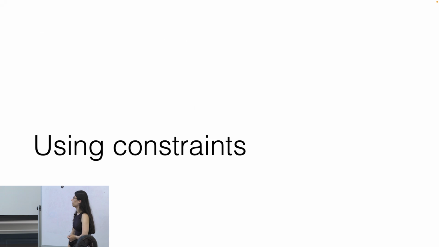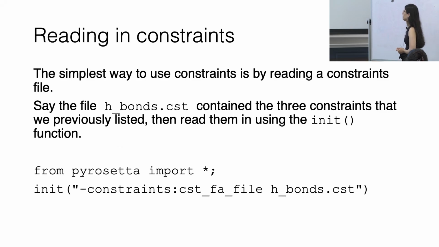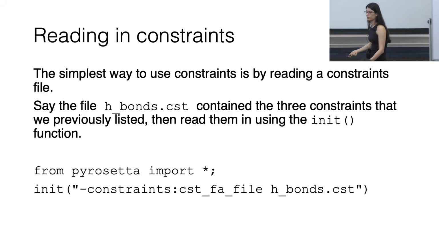And so we're going to think about how exactly you can use constraints and whether you want to load it from a constraint file. So it's going to have a .cst extension. And you can also just define it while running your entire Colab notebook. So this right here, you already know what this is, but in your initialization, you can pass a constraint flag.